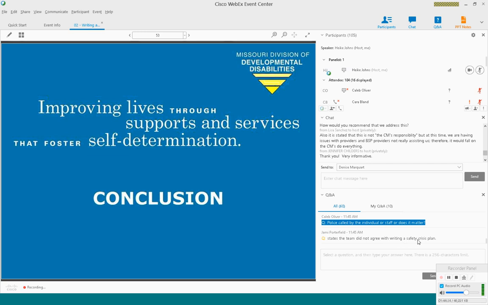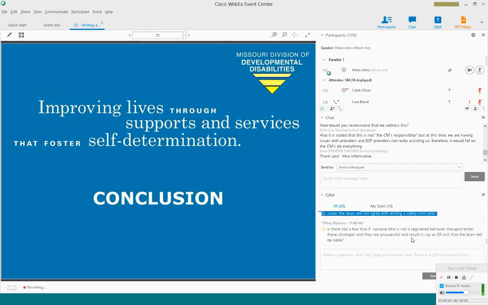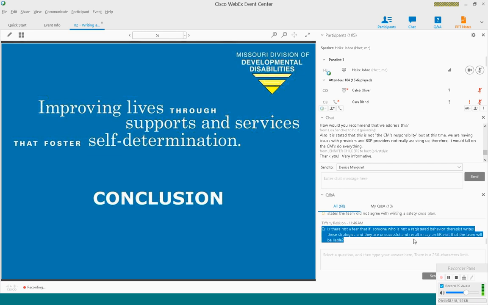So consensus is important on situations that a safety crisis plan isn't required, but once the safety crisis plan is required, which again is if you're using reactive strategies that are also restrictions, then that's not a choice. The team doesn't get to decide that they would rather not make a safety crisis plan. In that situation, they have to have a safety crisis plan.